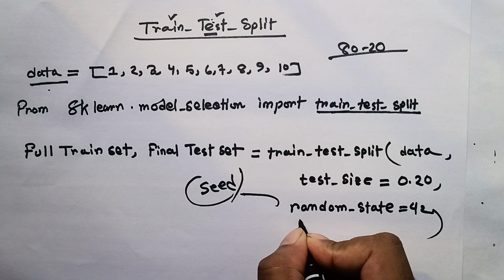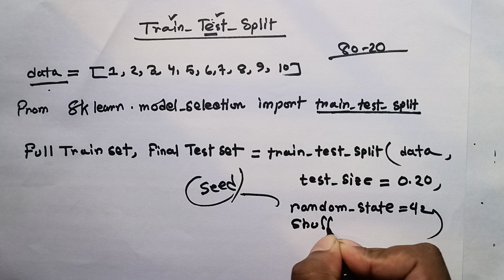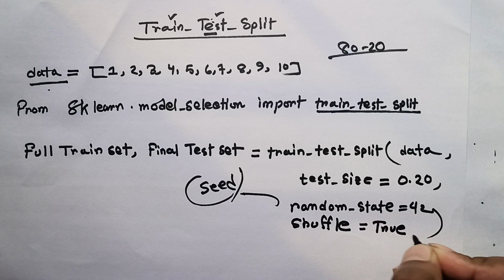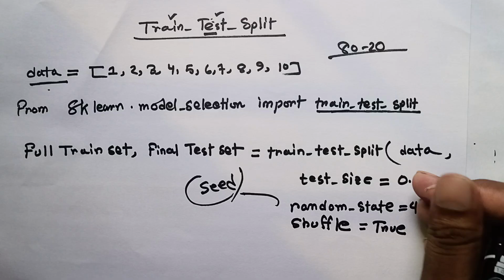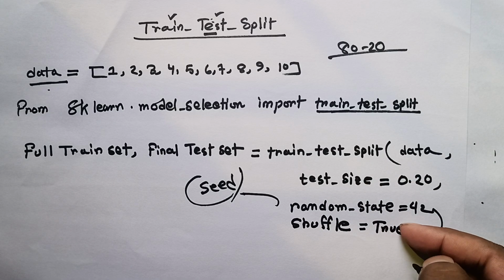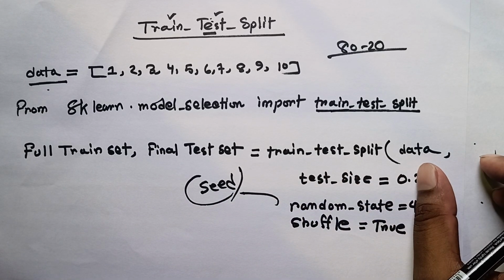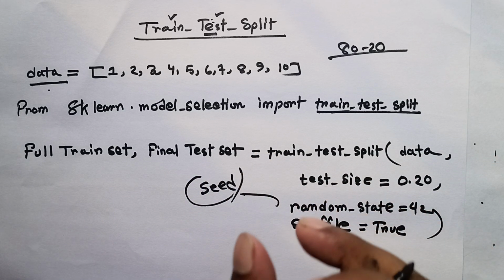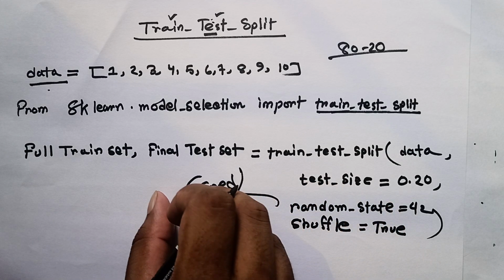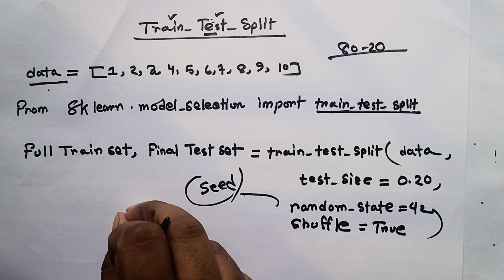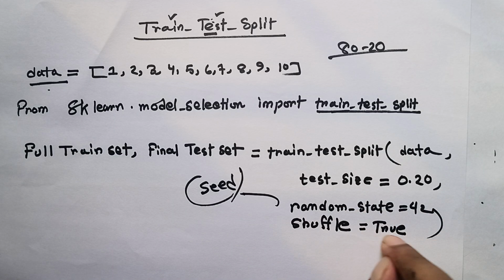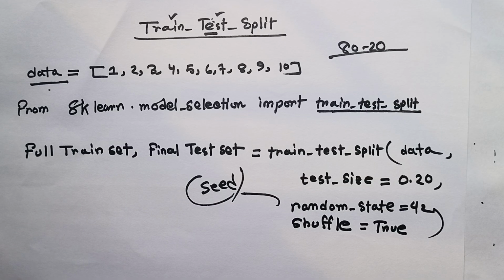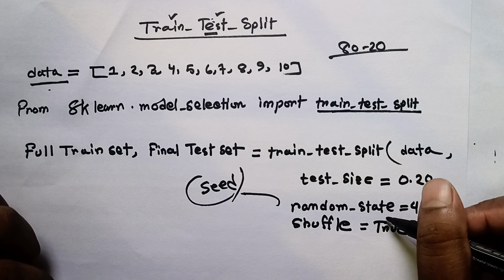In this function you can write shuffle. By default shuffle is true, so there is no need to write it again. But if you don't want to shuffle, you can turn it to false. Then you will get the same items in the train set and test set every time. That is the reason we deal with random state.